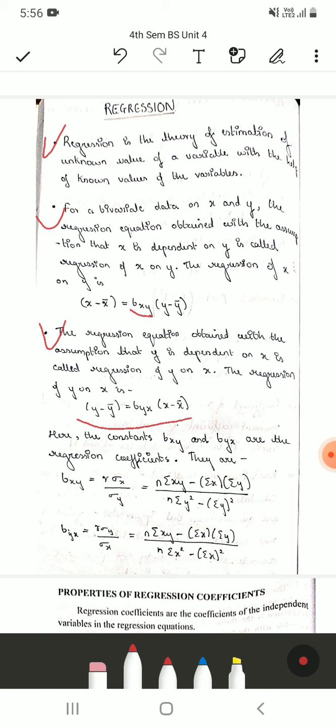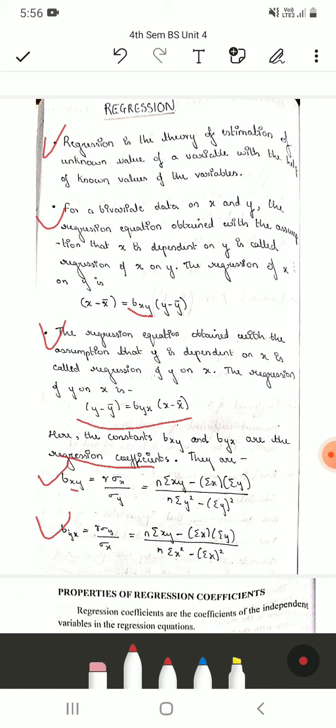Here the constants bxy and byx are the regression coefficients. So even this is important. What are regression coefficients? These are the constants denoted by bxy and byx. How to calculate these two regression coefficients? bxy equal to r into sigma x divided by sigma y.